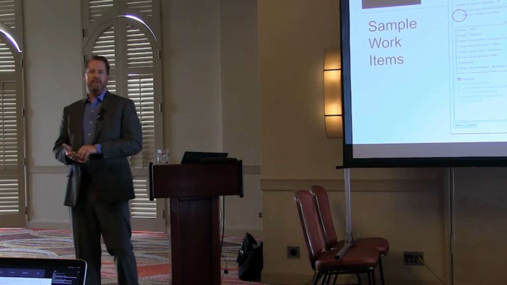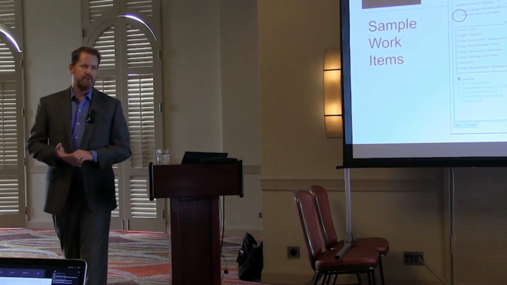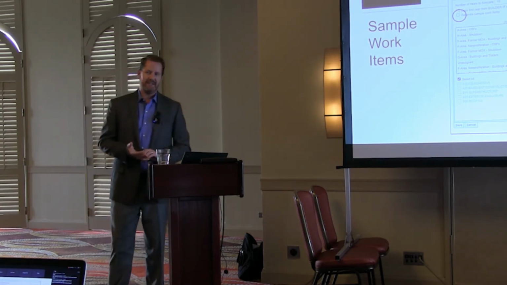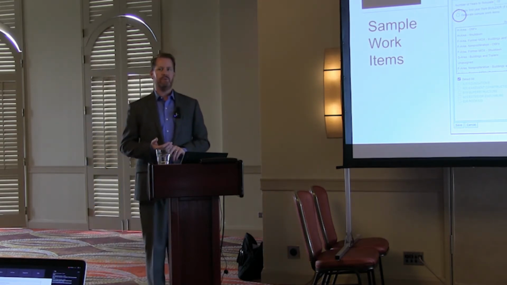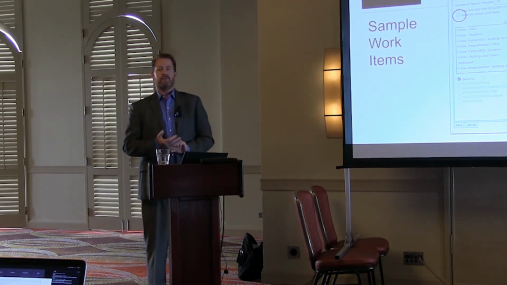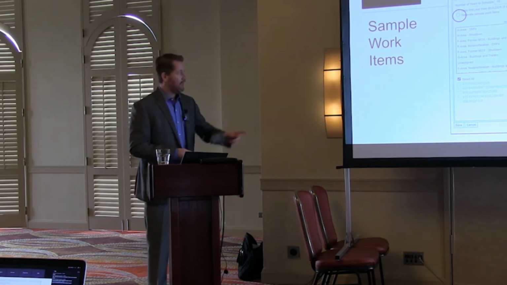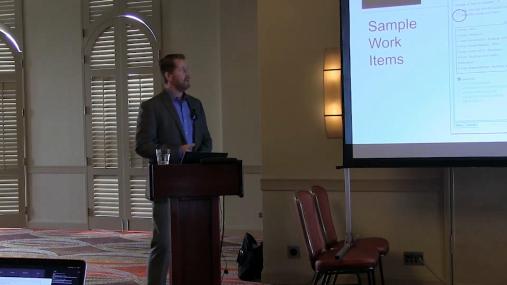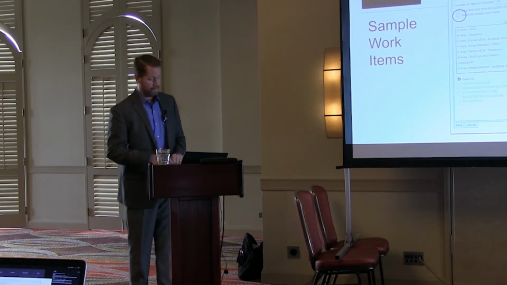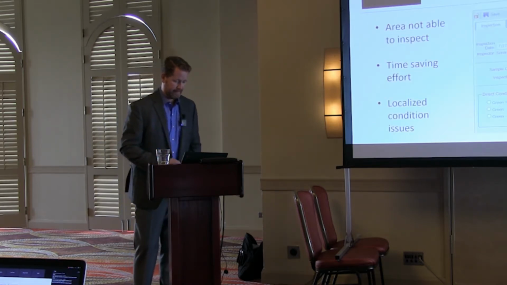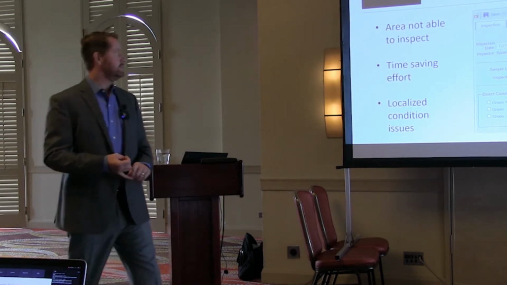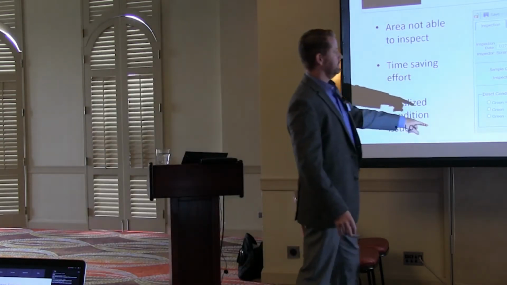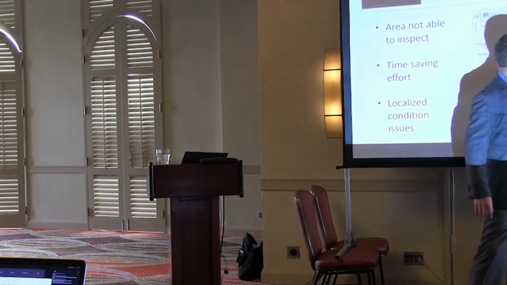Paul was talking about earlier creating new sections based upon condition. That used to be the only way to be able to identify funds for localized problems. Now you have the ability to create sample work items. Sampling in Builder is used if during an inspection you hit sampling.